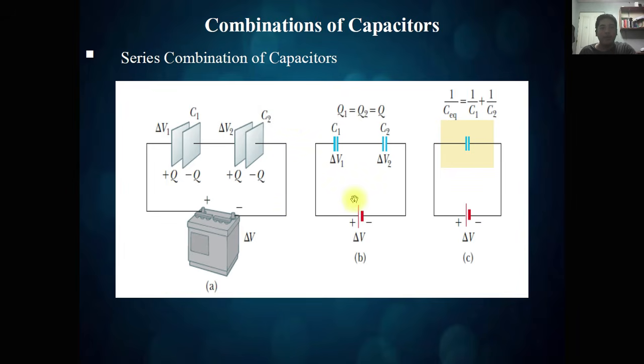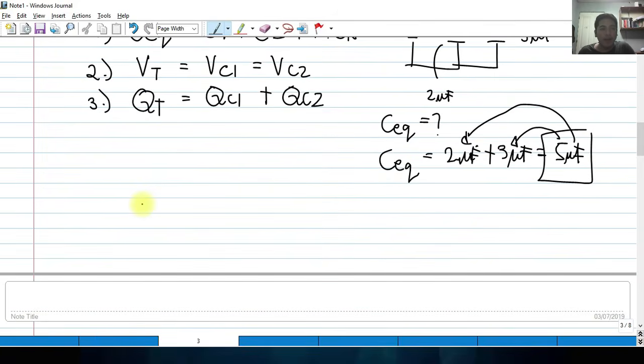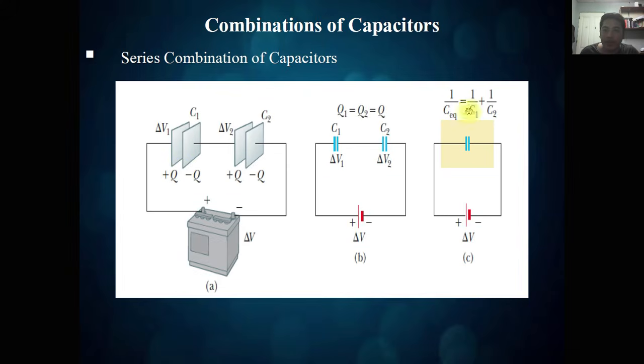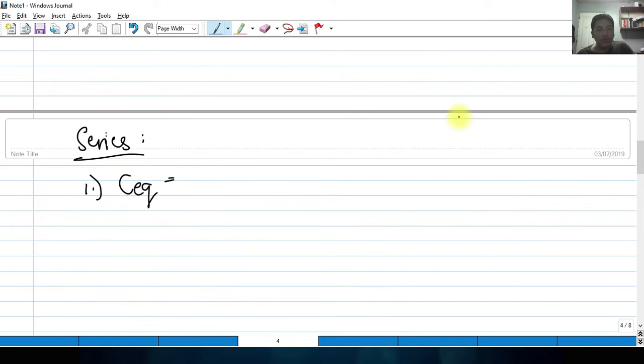And of course, what are we going to remember in series? Pretty easy. If we want to get the total or equivalent capacitance, we should not be using this formula. I discourage you from using this formula; rather, we should use this formula. If two capacitors are connected in series, we can use C sub 1 raised to negative 1 plus C sub 2 raised to negative 1, and altogether their sum is raised to negative 1. That's the easier part.